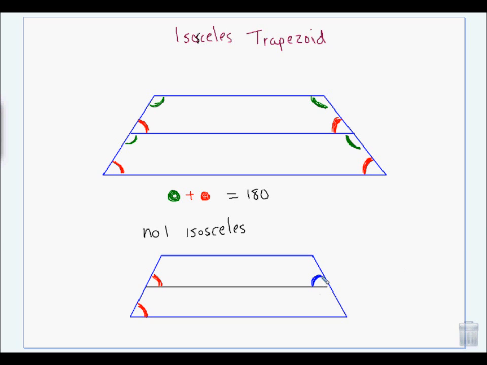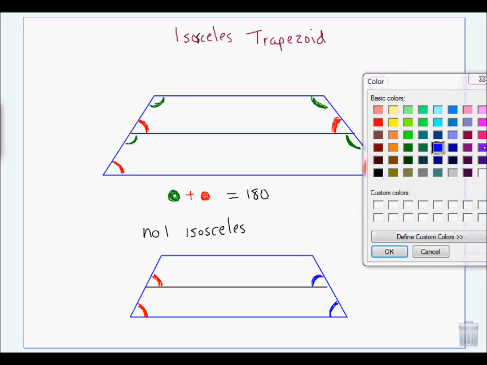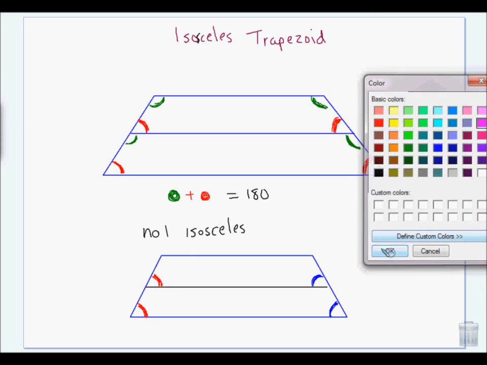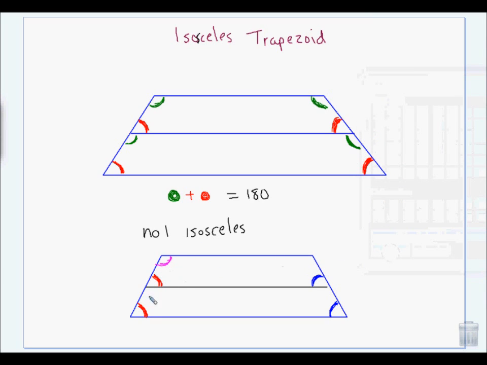These angles would be congruent to each other, again not congruent to this side because it's not isosceles. These angles would be congruent, and these angles would be congruent. But if it's not isosceles, you don't get congruency from the right to the left. It's just that these two are congruent, these two, and these two. Again, as long as this is a median.